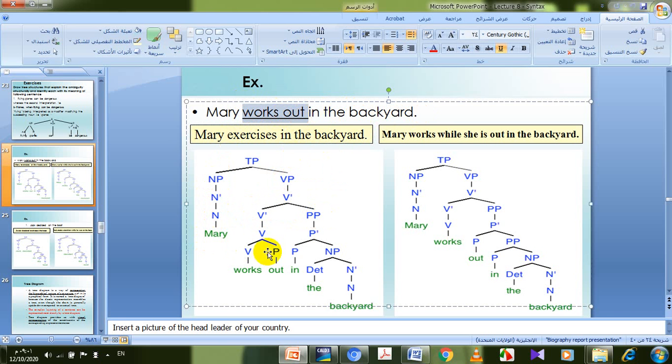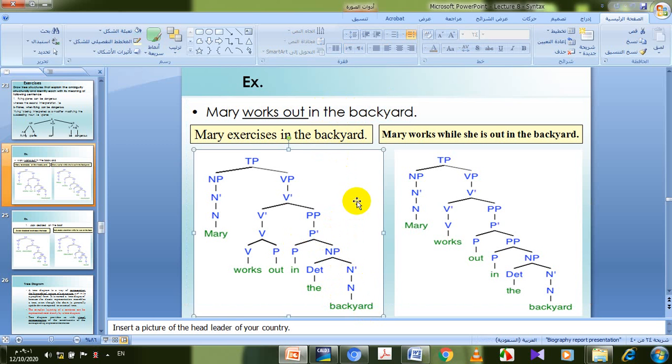The verb is subdivided into verb and preposition. The prepositional phrase, PP, is subdivided into a preposition, in, and another noun phrase, which is subdivided into determiner and noun: the backyard.